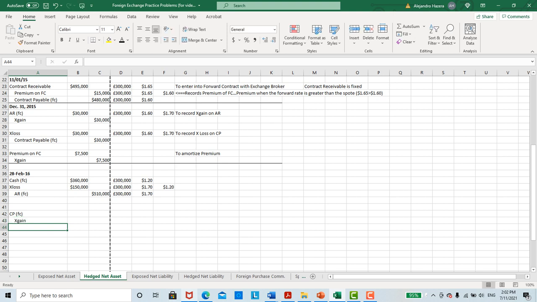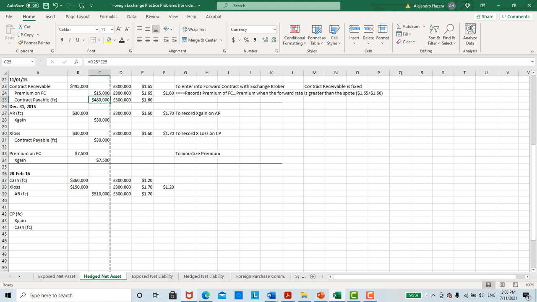We're going to have an exchange gain, and we're going to credit cash, which is the British pound. So what you're doing here is taking these 300,000 British pounds over to the exchange broker, which was your contract payable.